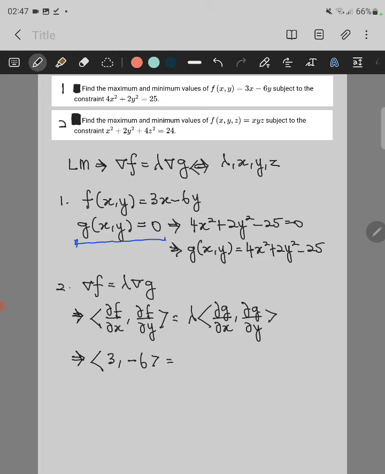And then lambda times delta g/delta x, which is 8x, and from here we have 4y. So it follows that (3, minus 6) equals, since lambda is just some value, a constant, (8 lambda x, 4 lambda y).